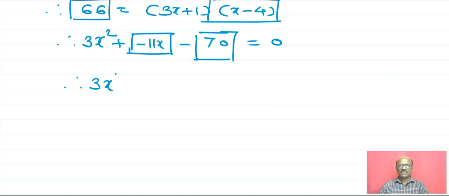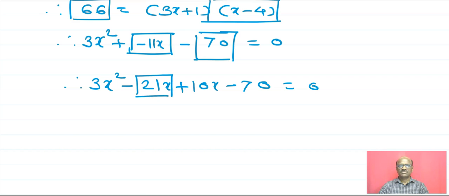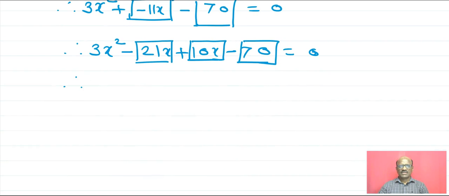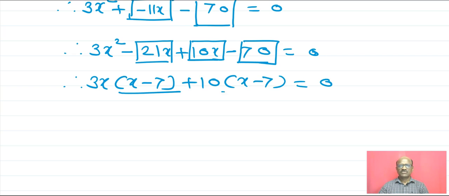Therefore, 3x square minus 21x plus 10x minus 70 equals 0. Therefore, x is common: 3x in bracket x minus 7 plus 10 in bracket x minus 7 equals 0. x minus 7 in the first bracket and in the second bracket 3x plus 10.